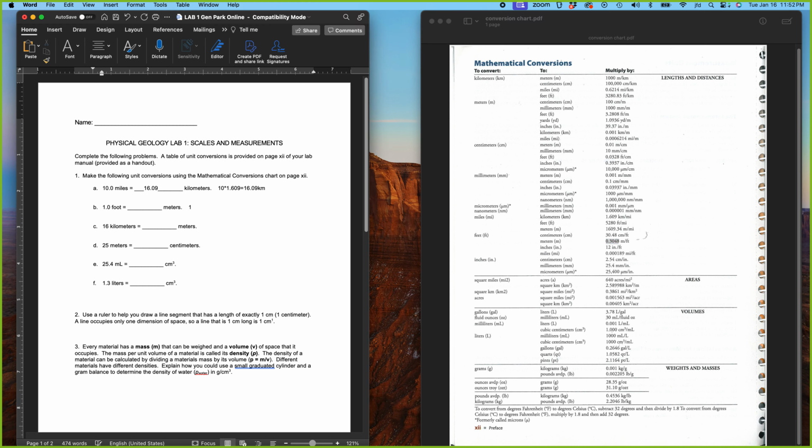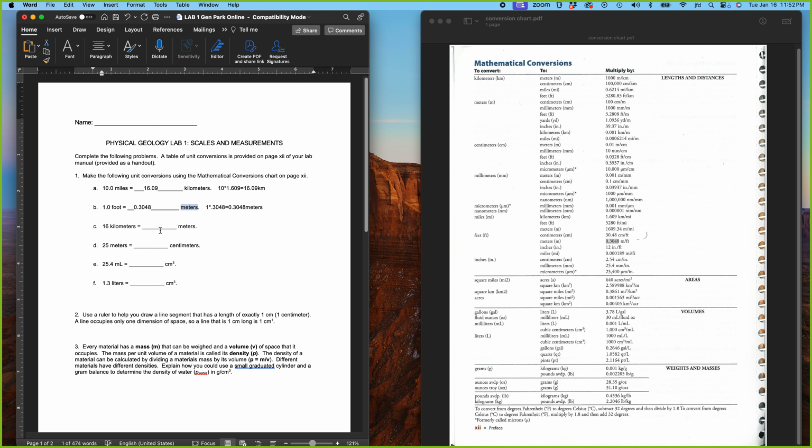So 1 times 0.3048, what's that going to equal? Well, 1 times anything is always whatever it is, right? So the number is actually not going to change. It's going to be 0.3048 meters, right? So that's what I'm going to put in my answer here, 0.3048, all right? And again, we already have the units, so we're good, all right?